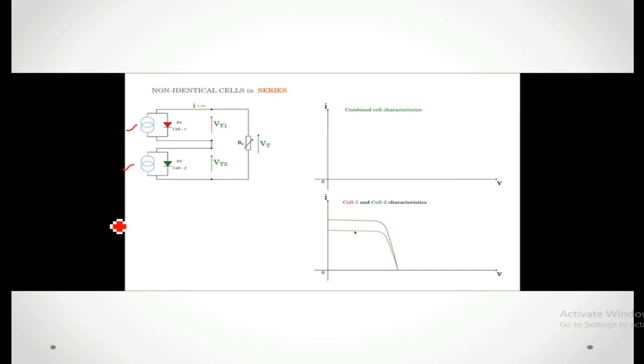To understand that, I have considered two cells. PV cell 1 is without shading, and PV cell 2 is with shading.